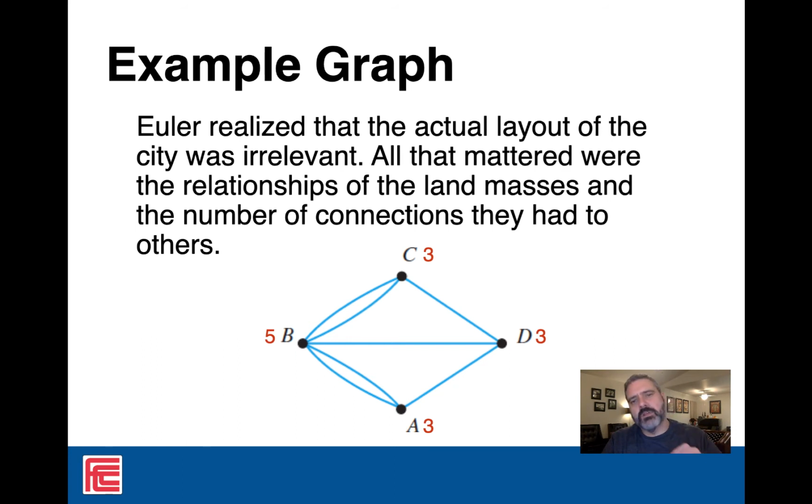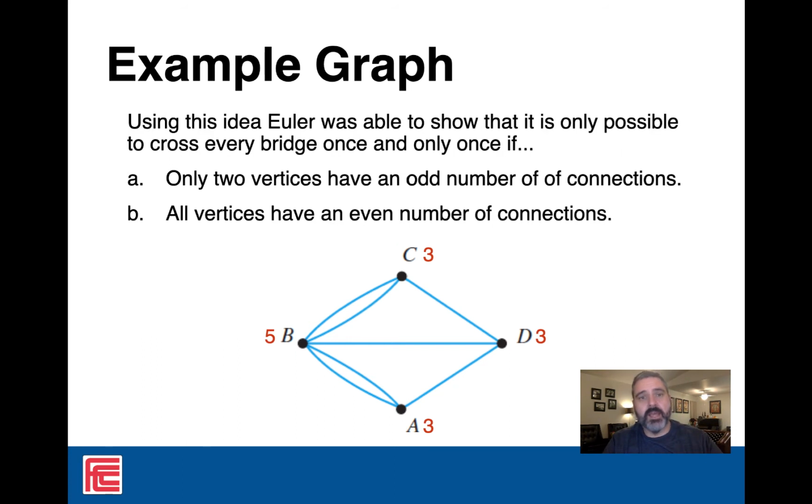And so using these concepts, he was able to actually prove 2 things. 1, it is only possible, and I believe they call this an Euler circuit, don't quote me on that, it's a famous thing in math, but it's called an Euler path. You can only cross every bridge once and only once if only 2 of the vertices have an odd number of connections.